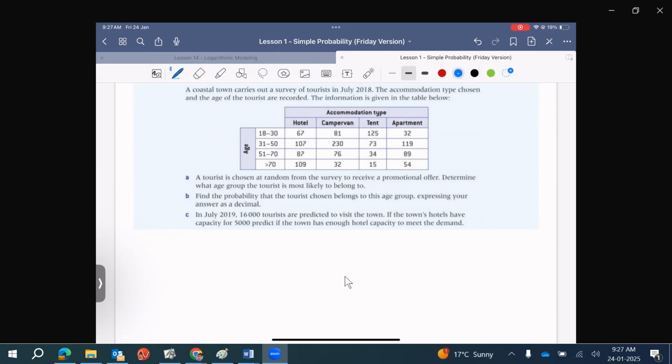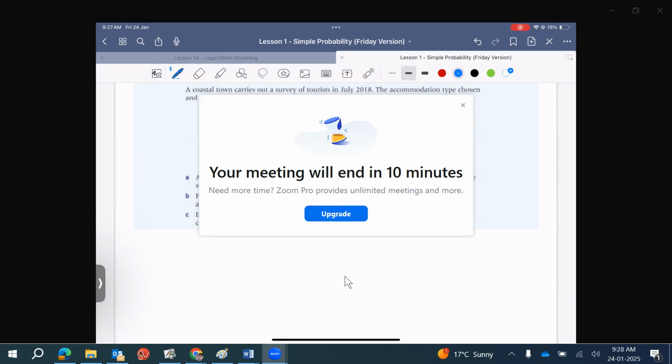So we've got our different age groups there. We need to figure out what is the total of each one. So we need our totals over here. Let's go across adding them up. 67 plus 81 plus 125 plus 32. There are 305 of these. 107 plus 230 plus 73 plus 119.